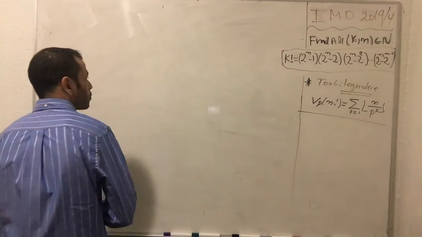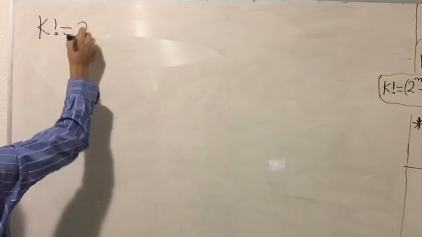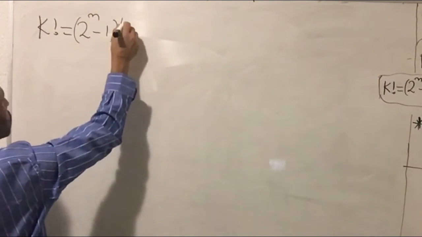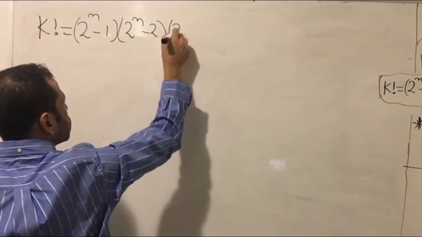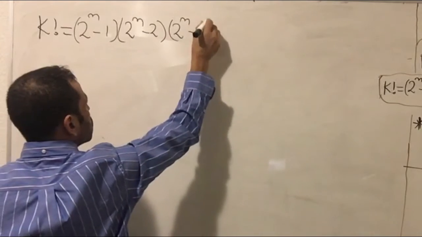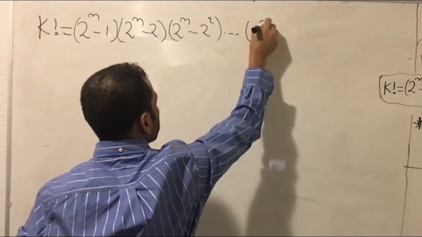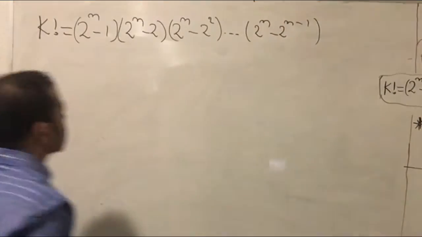Let's start now. Write this: k factorial equals (2^n − 1) multiplied by (2^n − 2) multiplied by (2^n − 2²) all the way down to (2^n − 2^(n−1)).